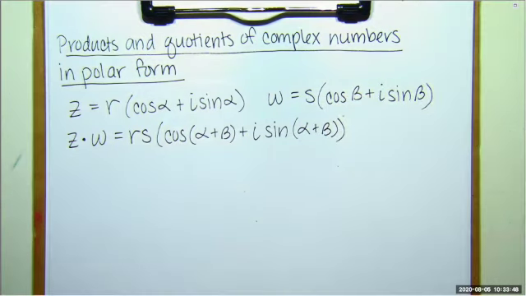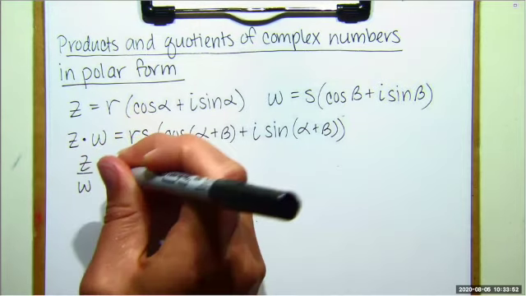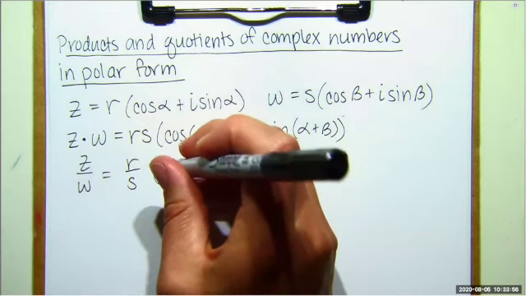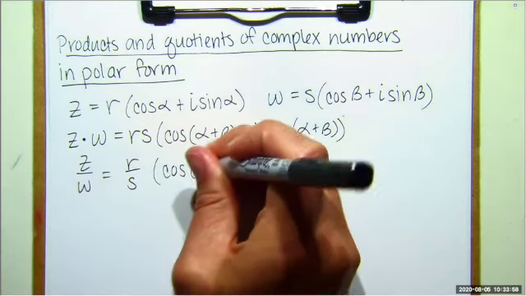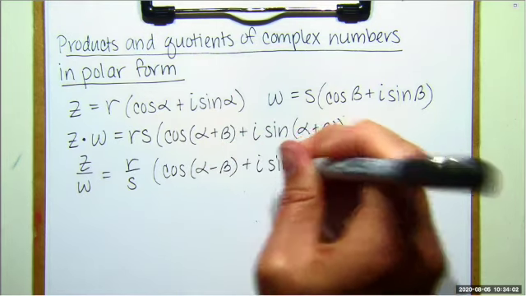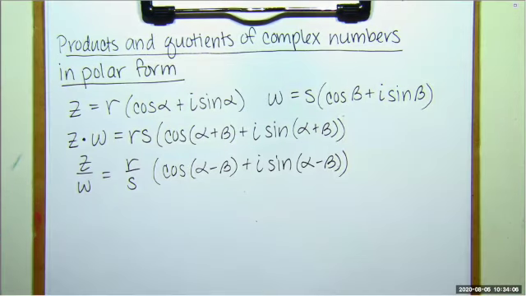And if we do division of these complex numbers, so we form the quotient z over w, that's going to be equal to r over s times cosine of alpha minus beta plus i sine of alpha minus beta. Okay, so again, these two are listed on your formula sheet.